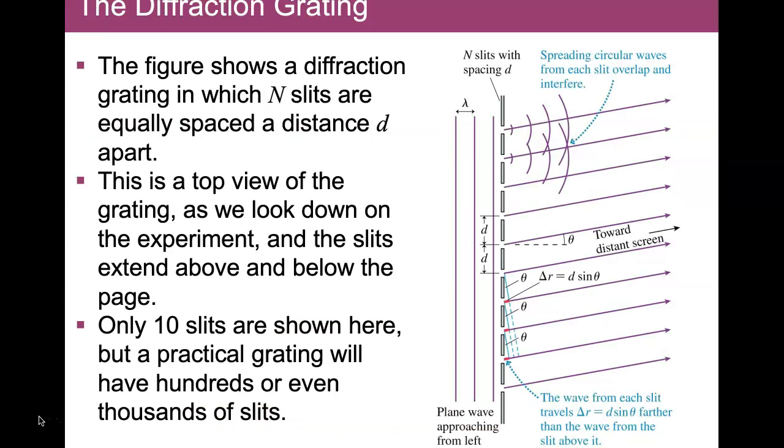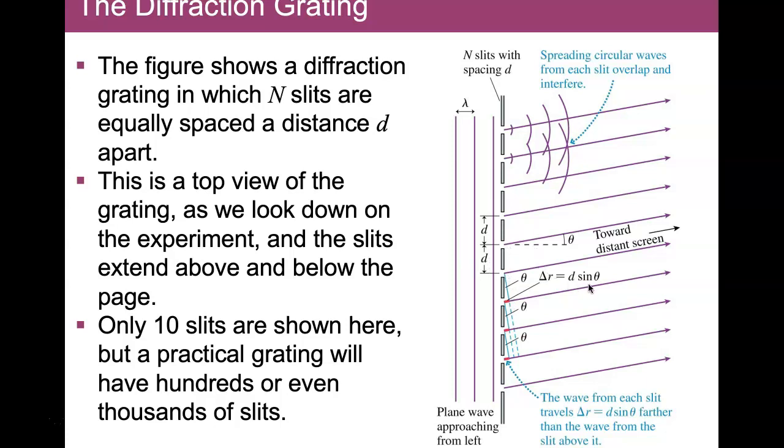Again, we make the approximation that the screen is really far away. So all these lines from all the slits to a point on the screen can be treated as approximately parallel. If you take two of the parallel lines, let's say the slits are placed a distance d apart, the double slit will just have two of these a distance d, and we figured out that the phase difference between these two is d sine theta.